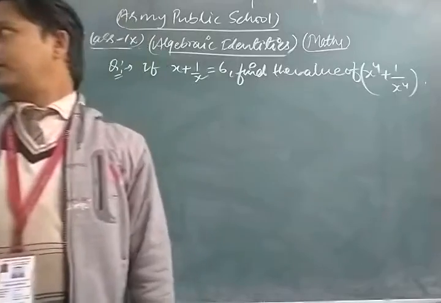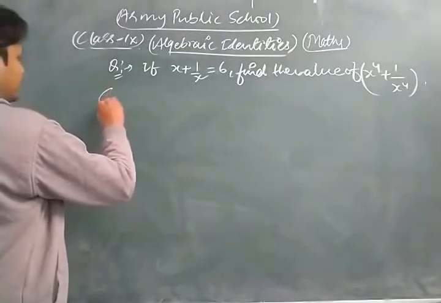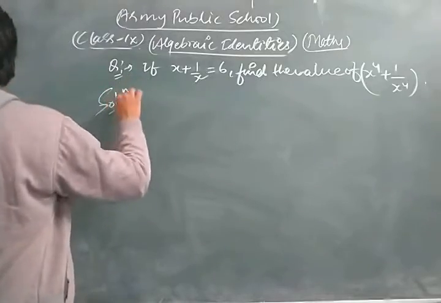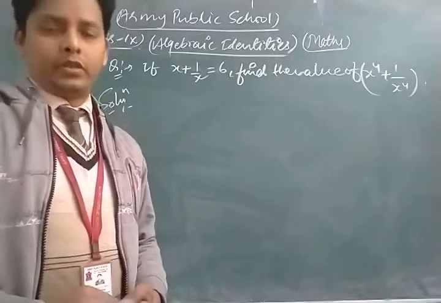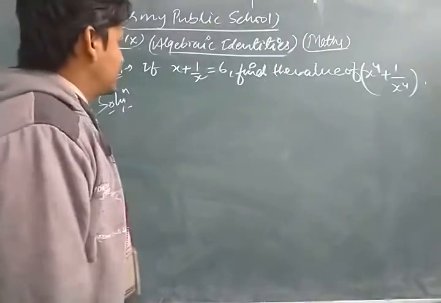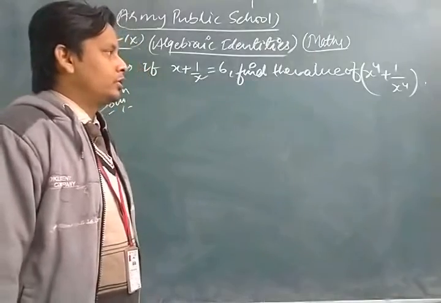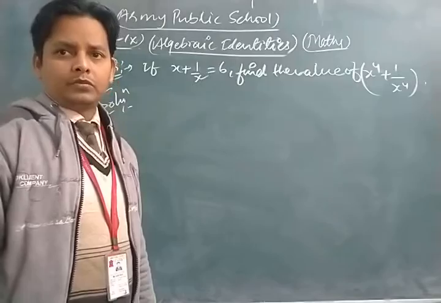Okay, now let's see its solution. Now look, if x plus 1 upon x is equal to 6, find the value of x to the power 4 plus 1 upon x to the power 4.